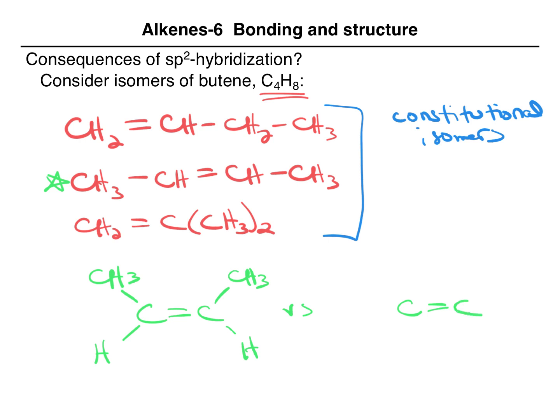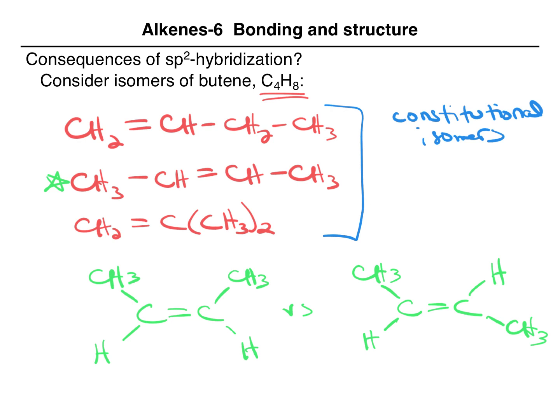Once again, the carbon on the left is connected to a methyl group and a hydrogen. The carbon on the right is connected to a methyl group and a hydrogen. Now these compounds have the same connectivity because the alkene carbon is connected to the other alkene carbon, a methyl group, and a hydrogen, just like this one is. But they have a different arrangement in space.